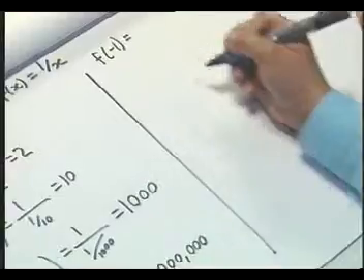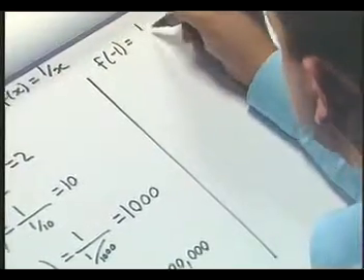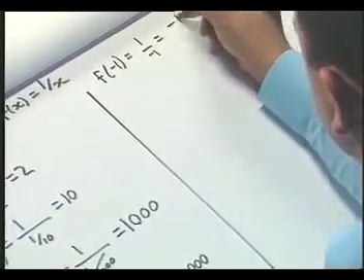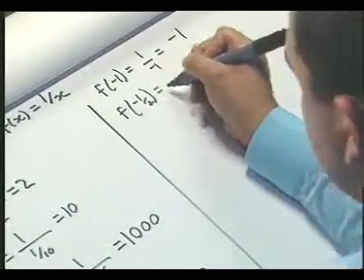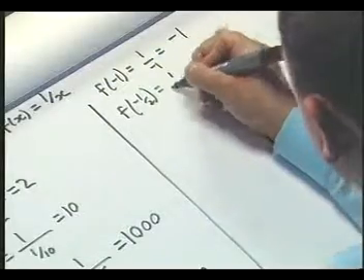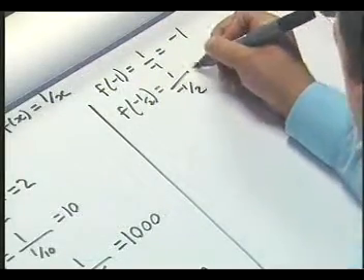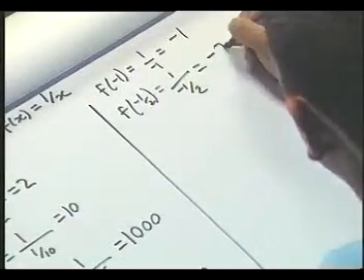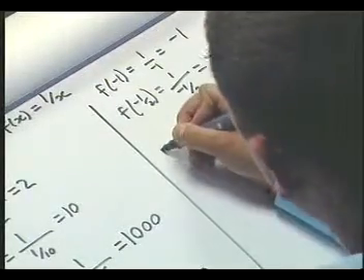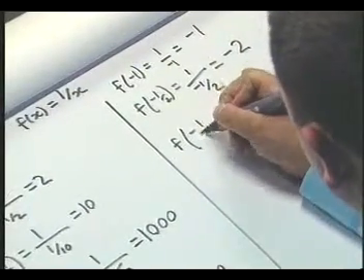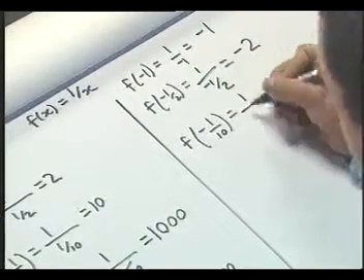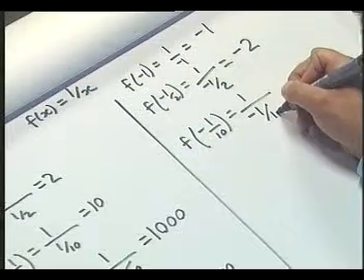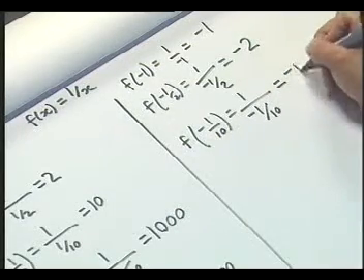F of minus 1 just gives us 1 divided by minus 1, which is minus 1. F of minus 1/2 is going to give us 1 divided by minus 1/2, which just gives us minus 2. F of minus 1/10 is 1 divided by minus 1/10, which just gives us minus 10.